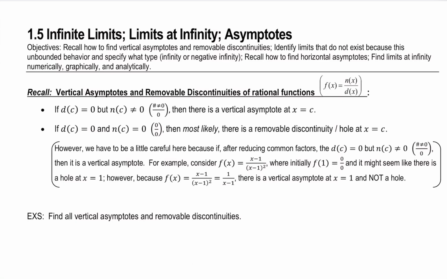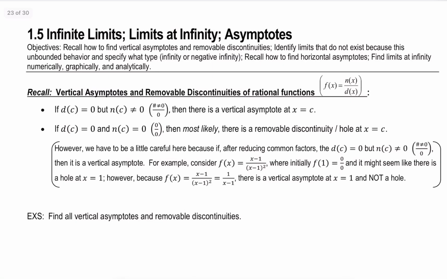In most of those cases, those values weren't also making your numerator 0. You were getting just where your denominator alone went to 0. So when you get this non-zero number over 0, that's when you have a vertical asymptote.